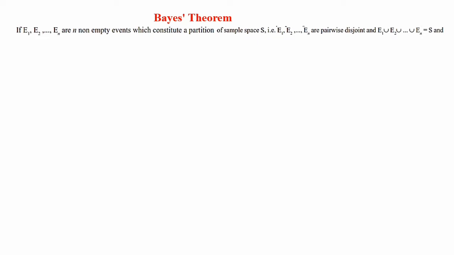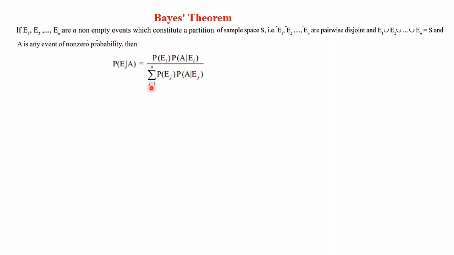One more thing we have learned in the partition of sample space, these E1, E2, etc. should have a non-zero probability, greater than 0. And A is any event of non-zero probability, then P of Ei given A, here E is a partition of sample space and A is any event which is having a non-zero probability, is equal to P of Ei into P of A given Ei divided by sigma j equal to 1 to n P of Ej into P of A given Ej.